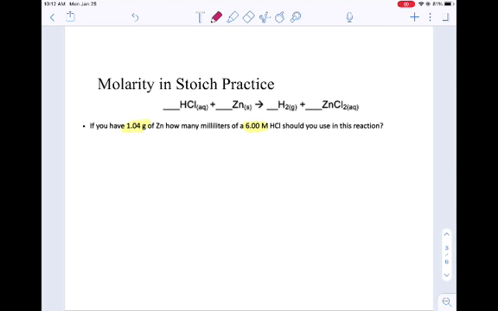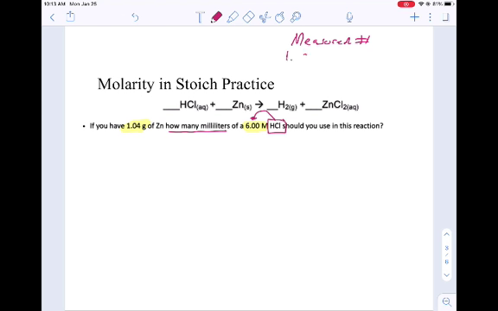In this case, the question's asking me to solve for how many milliliters of HCl should I have in the reaction? Meaning this 6 molar, which has to do with HCl, can't be where I start because that has to be where I end. The other thing that's helpful to know is that when it comes to choosing a starting point, you always need to choose to start with a measured number, not a conversion.